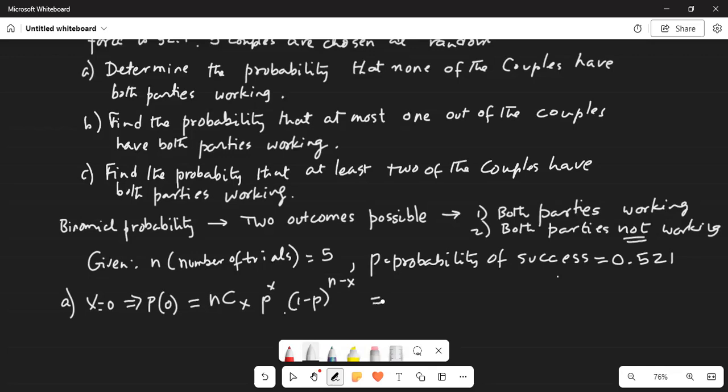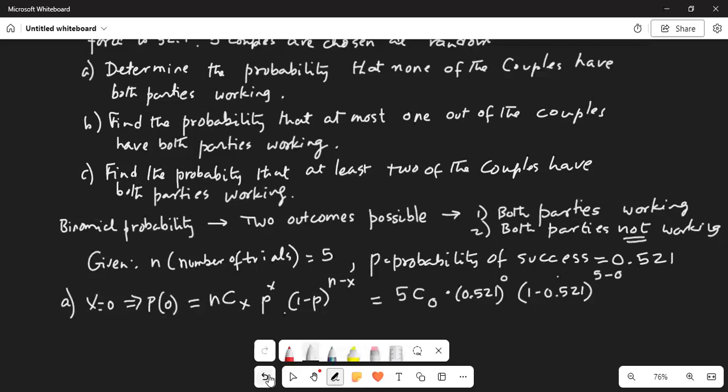So in our case, n is 5, C is 0. That is the number of ways that you can select 0 couples out of 5. 0 couples means none is working, to be multiplied by the probability of success, 0.521 raised to the power of 0, because x is 0 in this case, and 1 minus 0.521, the probability of failure, raised to the power of n, which is 5 minus 0.